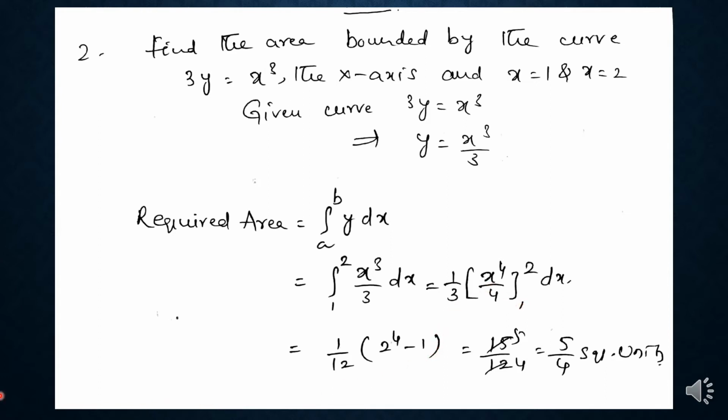That is 1 by 12 into 16 minus 1, that is 15 by 12, that is equal to 5 by 4 square units. Thus we can find the area bounded by the curve y is equal to f of x, the x-axis, and the ordinates x is equal to 1 and x is equal to 2.